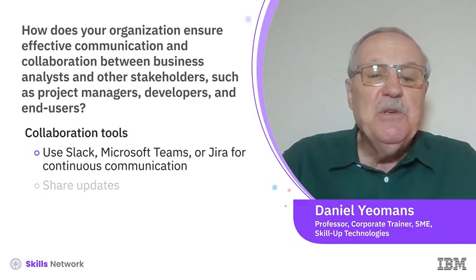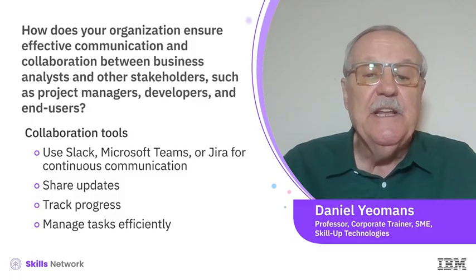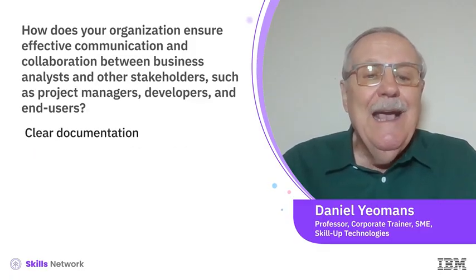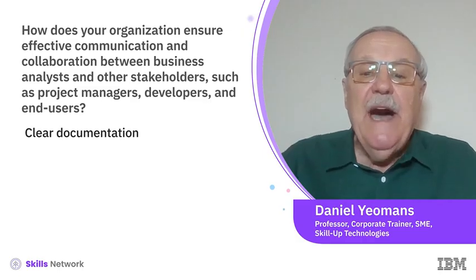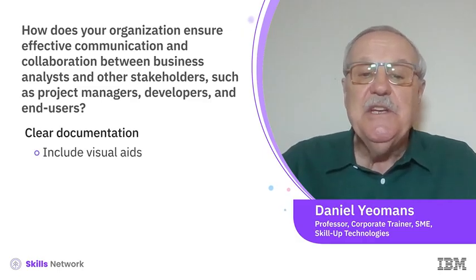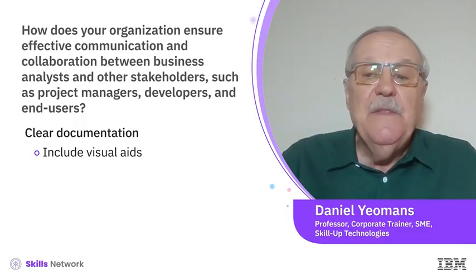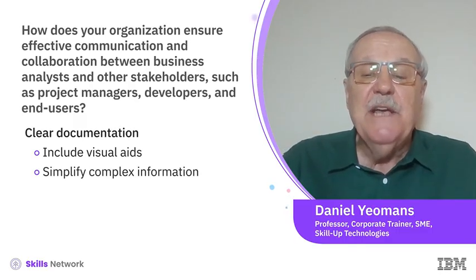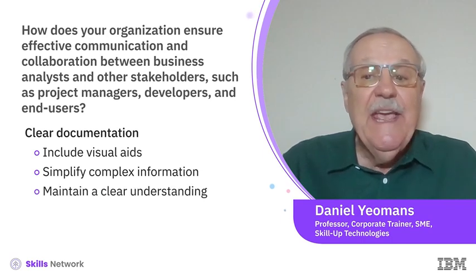These tools help in sharing updates, tracking progress, and managing tasks efficiently. Finally, strive for clear documentation and visual aids. Provide clear and concise documentation, including visual aids like flowcharts and diagrams. This helps in simplifying complex information and ensures that all stakeholders have a clear understanding of the project requirements and progress.